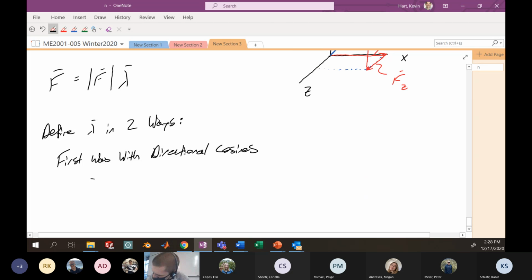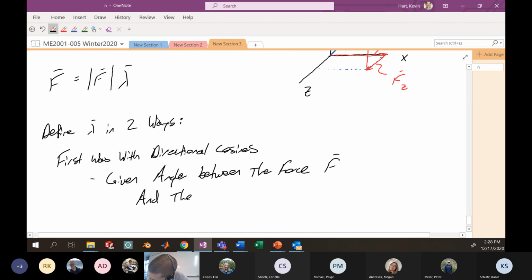And that is, given the angle between the force F and the axes X, Y, and Z, those angles being theta X, theta Y, and theta Z. If you have those or somehow know those or could calculate those, then defining lambda is actually somewhat simplistic.